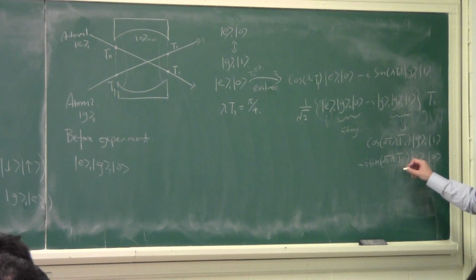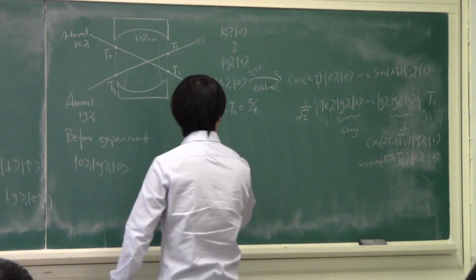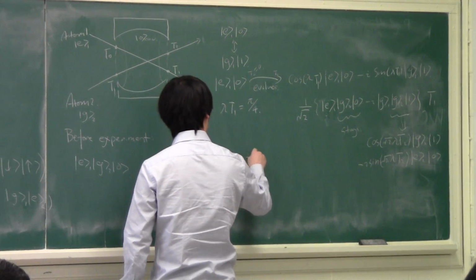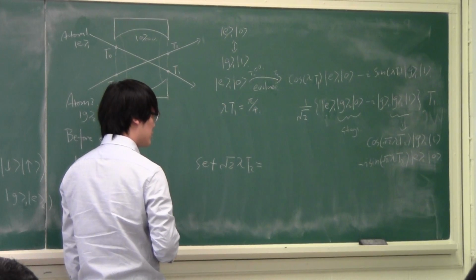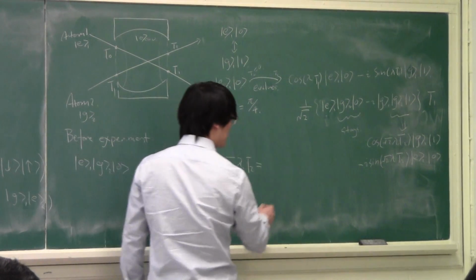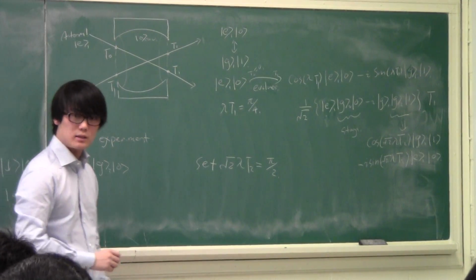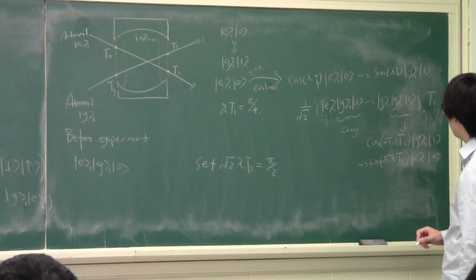Now I can once again choose the velocity of the atom. So let me set square root of 2 lambda T2 to be equal to pi over 2 this time. So make the second atom slower. And then what happens?